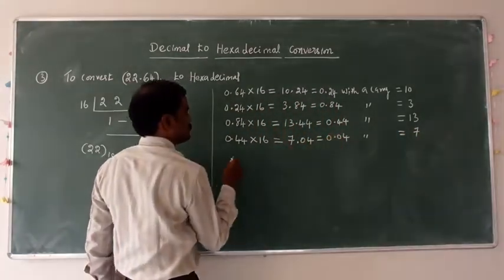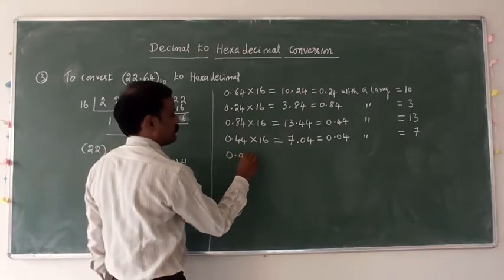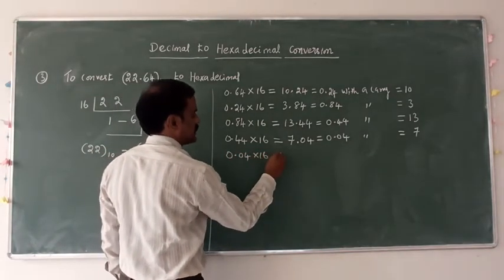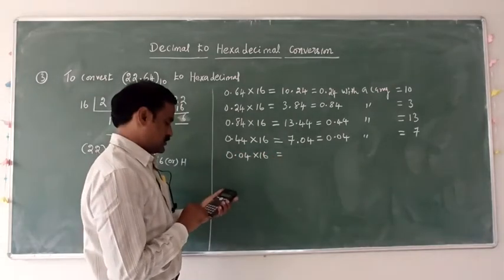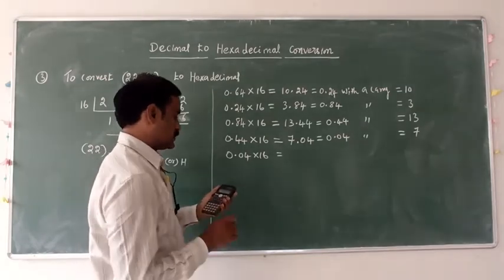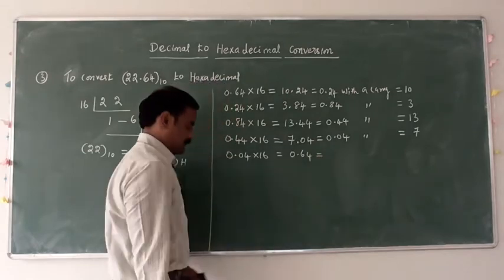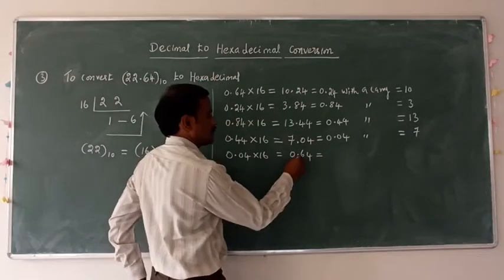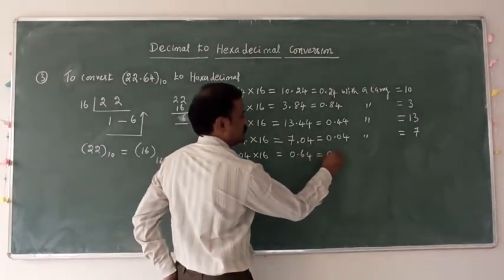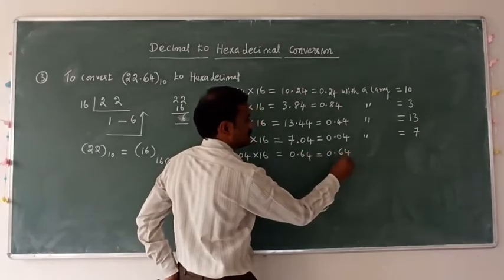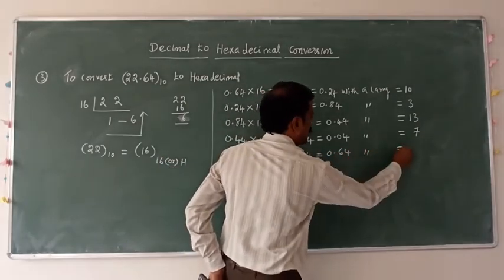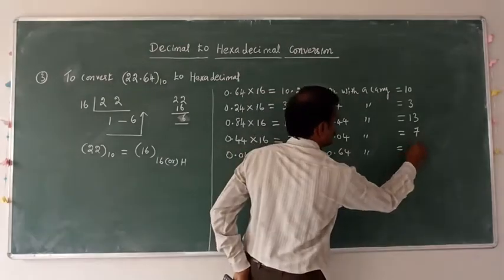Next, 0.04 into 16 equals 0.64. We write 0.64 without carry, and the carry here is 0.